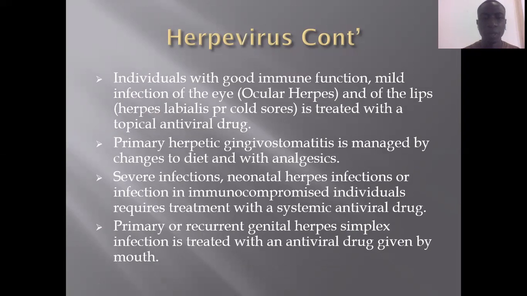Primary herpetic gingivitis is managed by changing diet with analgesics. So somebody who has a viral infection of the gums and mouth is usually treated with a change of diet and analgesics.